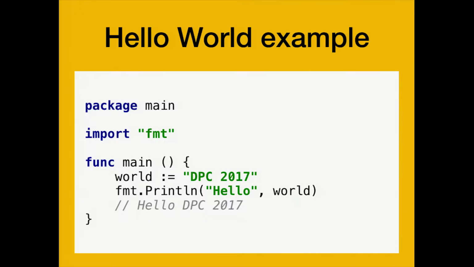So let's switch to a hello world example. This is the really basic hello world in Golang. The main package definition there and the main function is basically the entry point for executable binaries. What this does is import the format library, fmt, and it has a function called Println, and we use that to print out hello DPC2017.